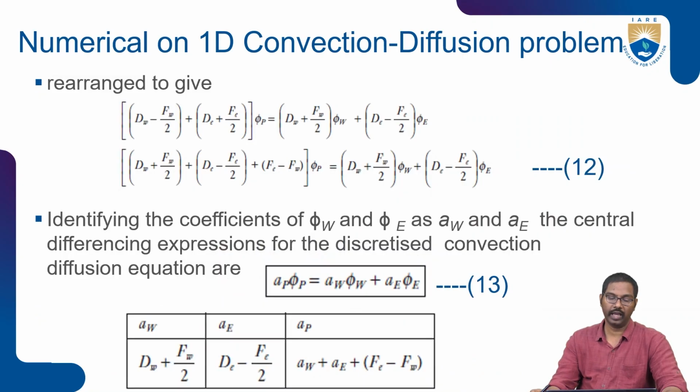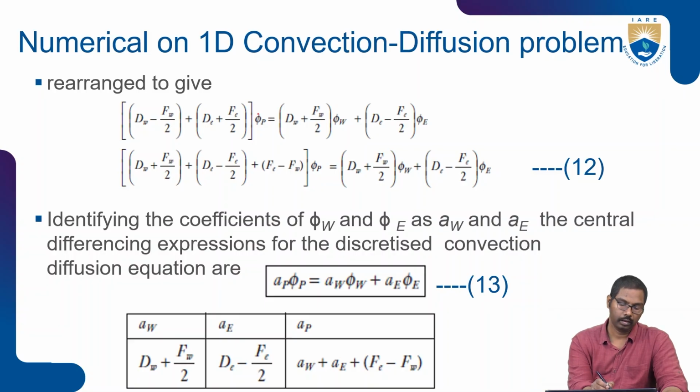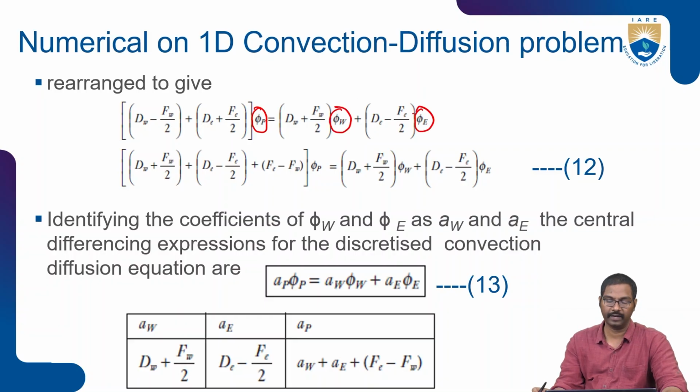Rearranging the above equation such that φP is the unknown taken to the left side, and known values φW and φE are taken to the right side.